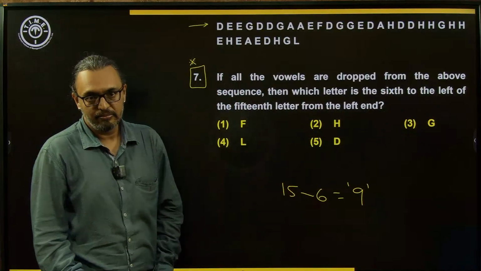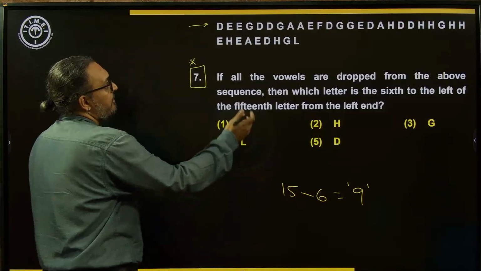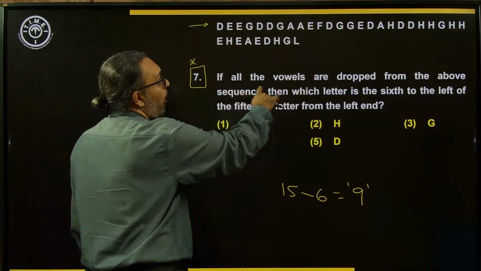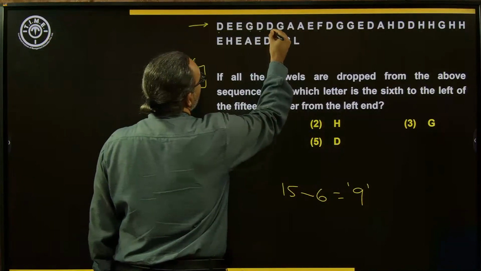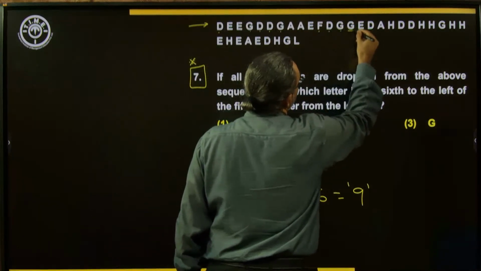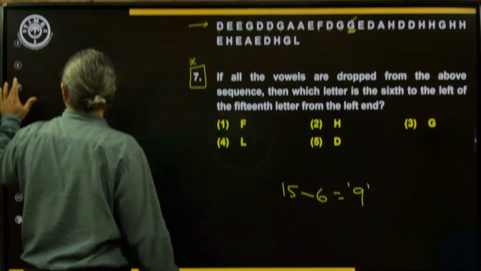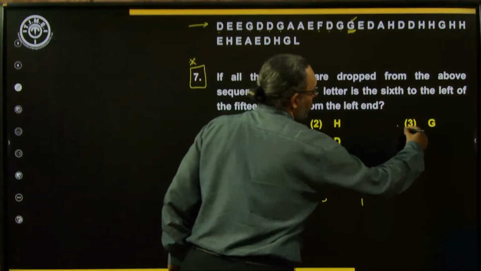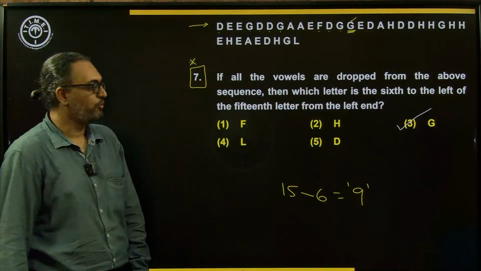That's the idea, to get the final element. So I have to count the 9th, but all the vowels should be dropped. So we have 1, then 2, 3, 4, 5, then 6, 7, 8, 9th. So the 9th letter we have is G, and G is available to us in the 3rd option. That's how we do this.